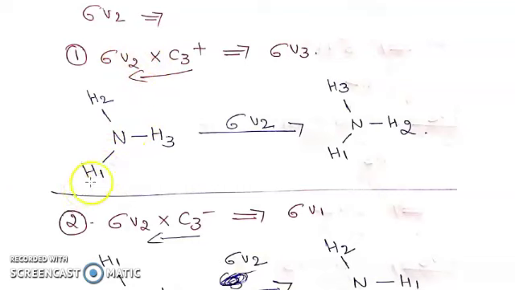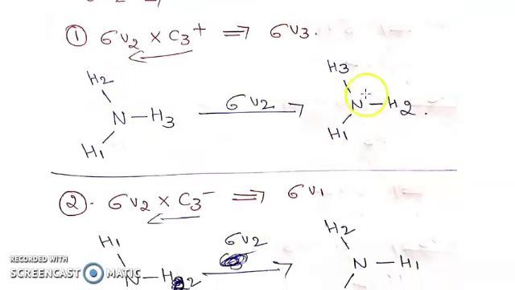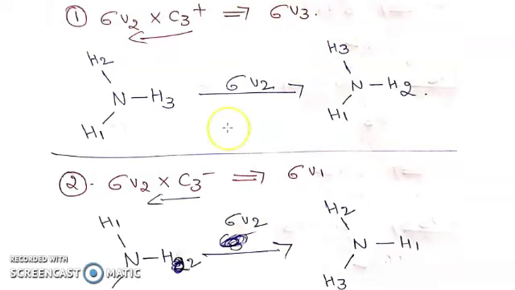The plane is passing through the first hydrogen atom and nitrogen atom. As a result, the second hydrogen atom and third hydrogen atom will interchange. We'll get this molecule, which is nothing but sigma v3. Sigma v2 into C3 plus gives sigma v3.